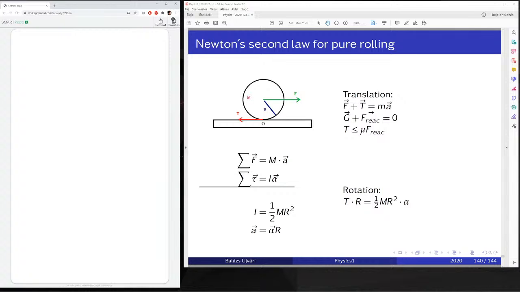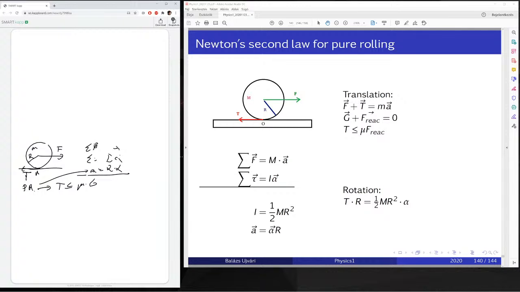So what we have, a wheel, we pull it, mass m, radius r, mu, and T. Sum of the F equal m times a, sum of the torque equal I times alpha, and a equal r times alpha, and pure rolling can be expressed that the T is smaller or equal than mu times the weight.